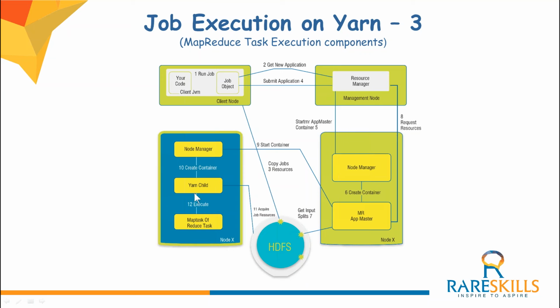The node manager will create a YARN child container that will coordinate and run this task. The YARN child container again will acquire the job resources from the Hadoop distributed file system that will be required to execute map and reduce tasks. YARN child will then execute the map and reduce task in its own container.